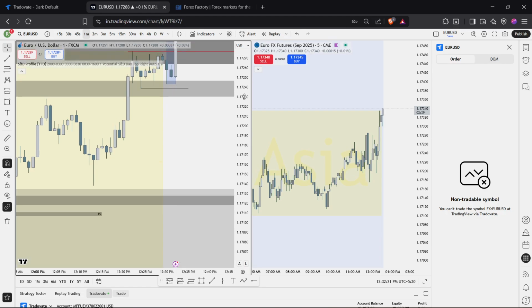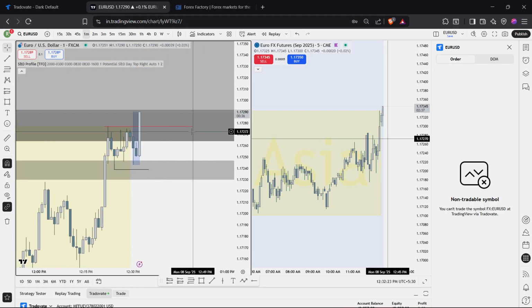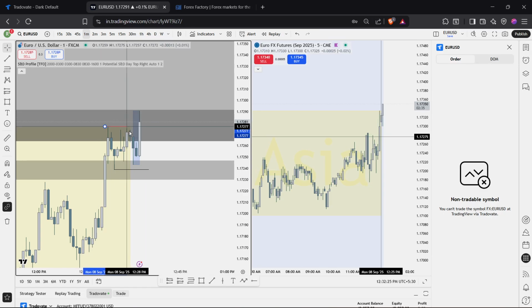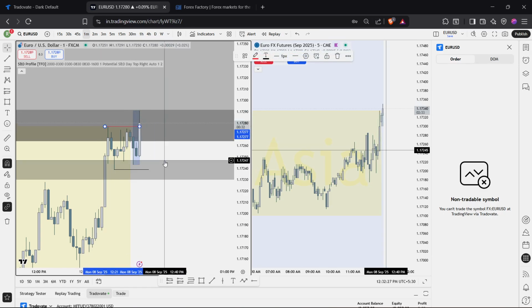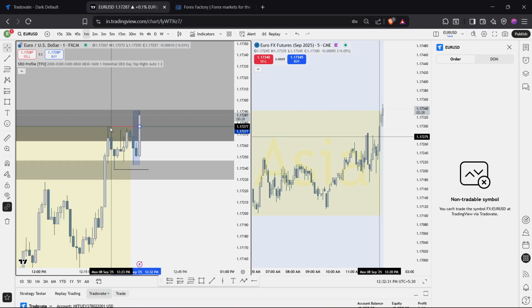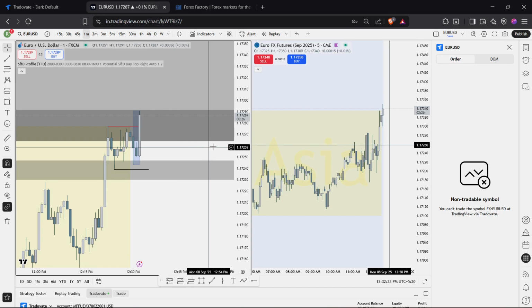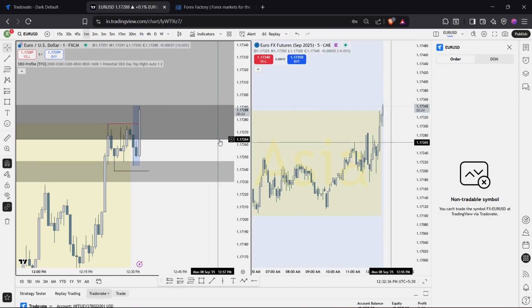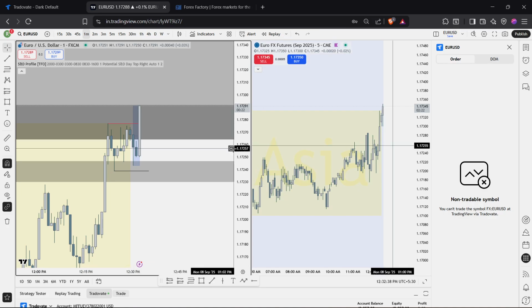Okay, so we have taken the Asian high. If we see some sort of a sell side model playing out with a perfect displacement, then I might switch my bias after that. Until then, I don't see any problem with it.